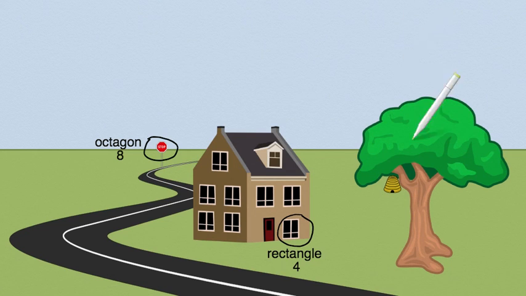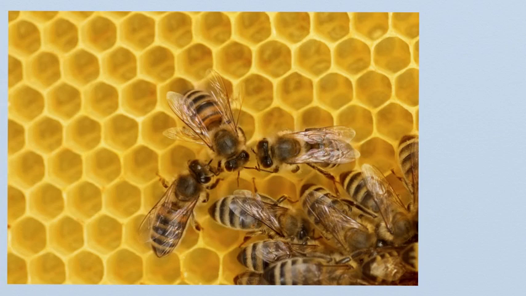Now that we've seen an example of a rectangle that has 4 sides, let's look at one more polygon together. This time, we're going to zoom in on our beehive. What can we find in here? Let's take a look at the honeycomb in our beehive. Now, as you can see, if we focus in on one piece, we have a very clear polygon made out of straight lines, a closed figure with at least 3 or more sides.